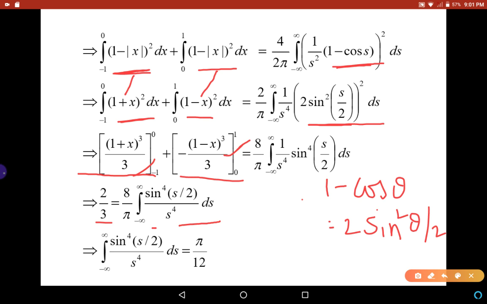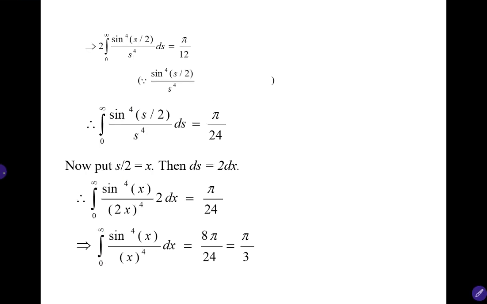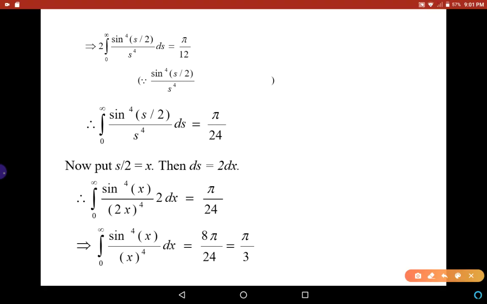So after simplification, we get the integral from −∞ to ∞ of sin⁴(s/2)/s⁴ ds equal to π/2. Now sin⁴(s/2)/s⁴ is an even function, and hence the integral from −∞ to ∞ can be written as 2 times the integral from 0 to ∞. Therefore 2 times the integral from 0 to ∞ of sin⁴(s/2)/s⁴ ds is equal to π/2, because this function is even.